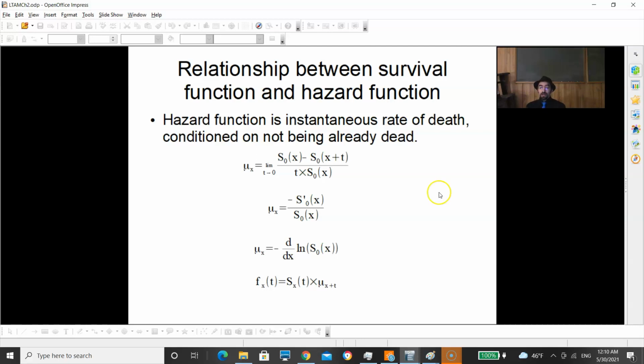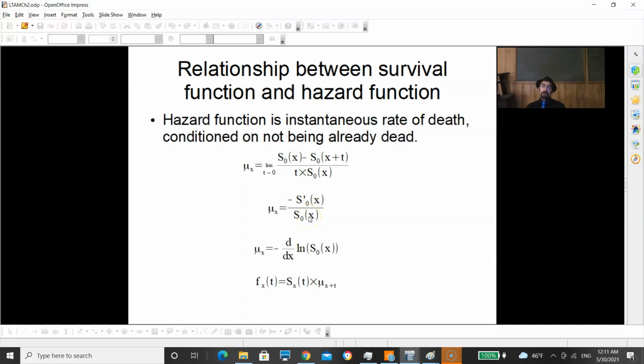Because we're conditioning on not being already dead. So we get the limit as t goes to 0 of s sub 0 of x minus s sub 0 of x plus t, over t, the width of the window, times s sub 0 of x in the denominator. And if you recognize your limit definition of derivative, that will actually be negative s prime sub 0 of x over s sub 0 of x.